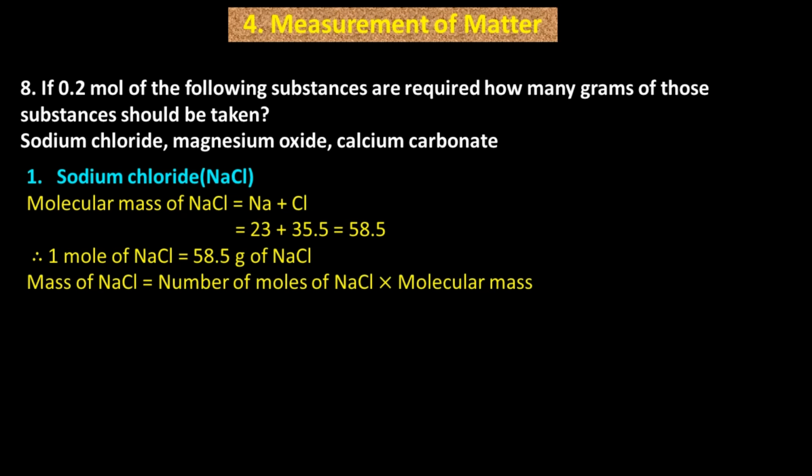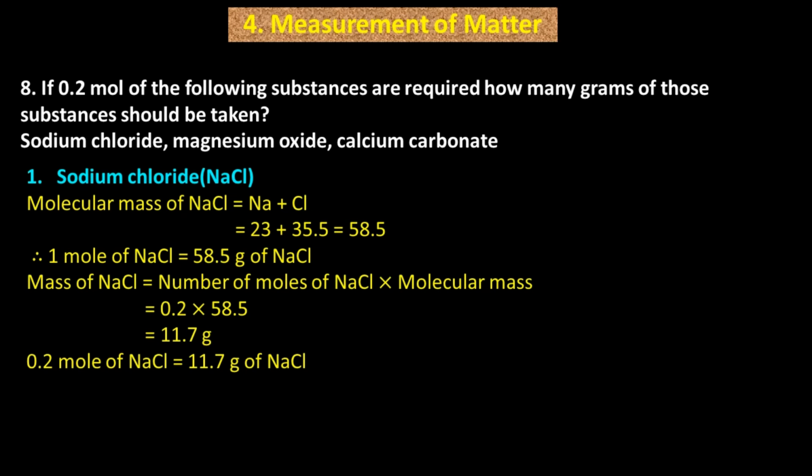Mass of NaCl is equal to number of moles of NaCl multiplied by molecular mass, is equal to 0.2 multiplied by 58.5, is equal to 11.7 gram. Therefore, 0.2 mole of NaCl is equal to 11.7 gram of NaCl.